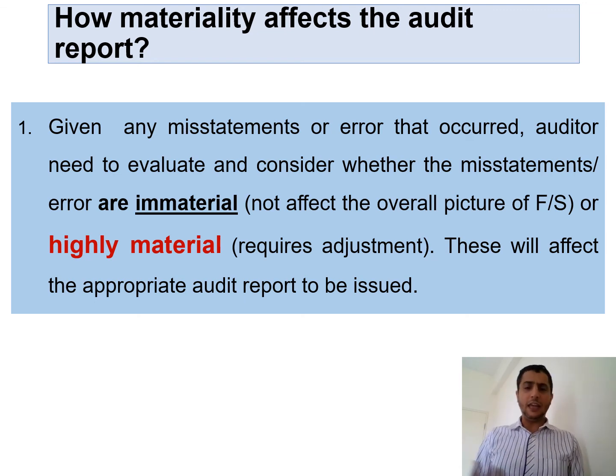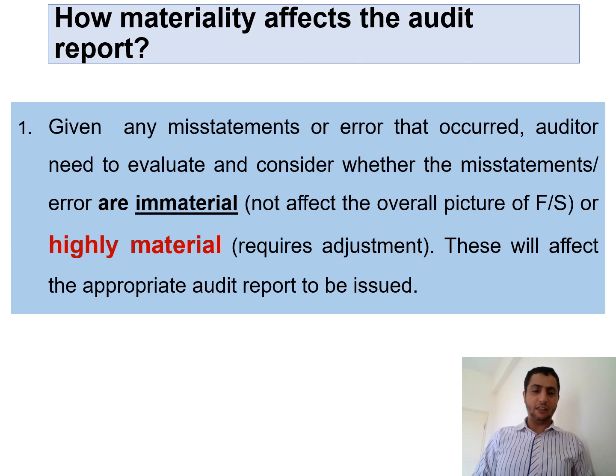So given any misstatement or error that happens, the auditor needs to evaluate and consider whether these misstatements or errors are immaterial. When we say immaterial, it means it's not affecting the overall picture of the financial statements, or it is highly material, meaning it's a material misstatement that requires adjustment.